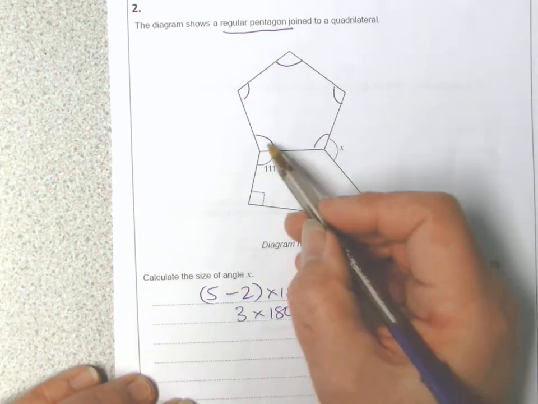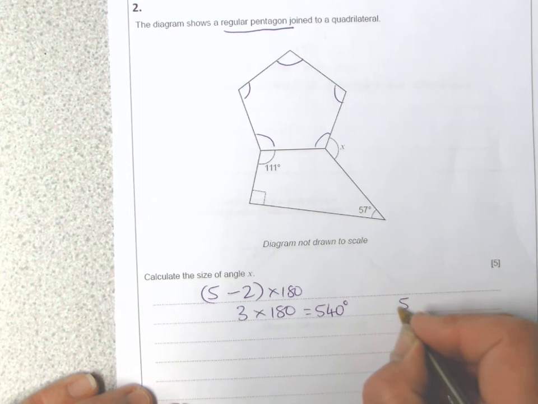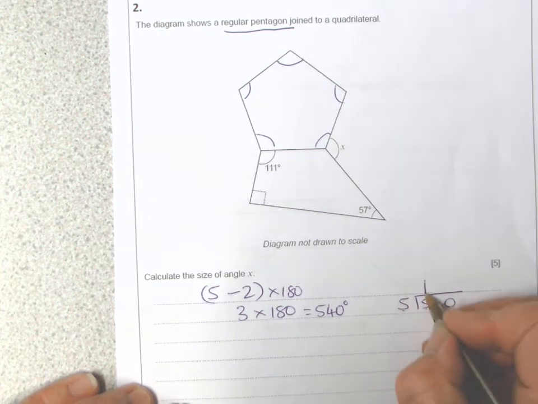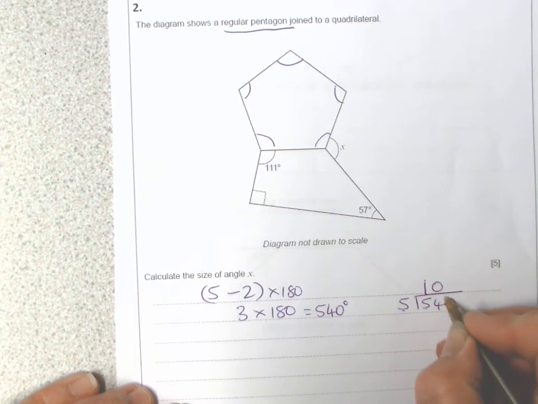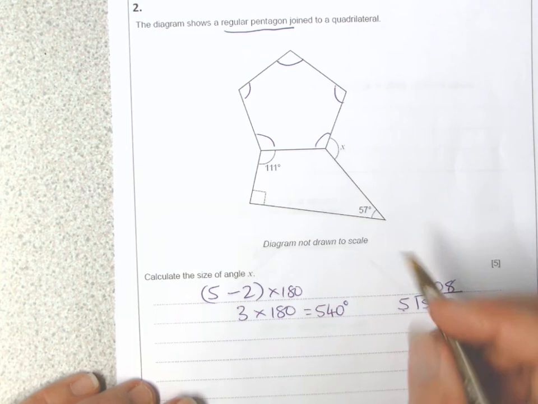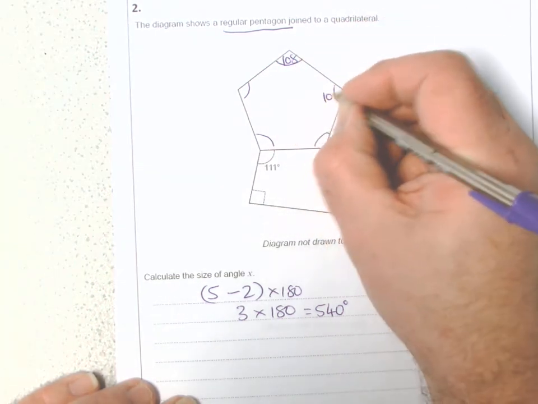And then I've got 5 of those angles, they're all equal, so I divide 5 into 540. 5 into 5 goes once, 5 into 4 won't go, so 5 into 40 goes 8 times. So each of these angles inside the pentagon is 108.